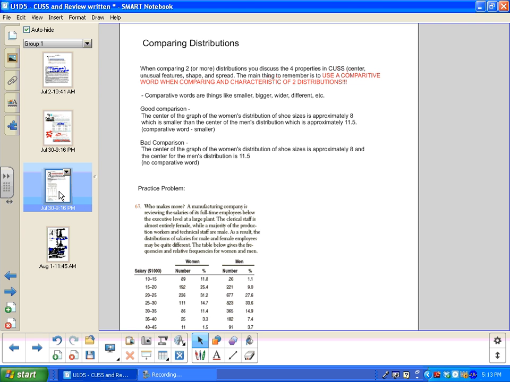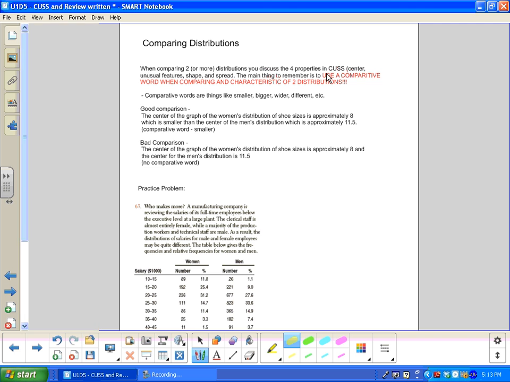You'll be discussing center, unusual features, shape, spread also. But when you compare two distributions, let's see if I can make it any clearer for you. You have to use a comparative word.